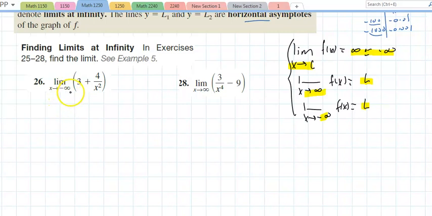Here, taking the limit as x approaches negative infinity, we just agreed any number over x will approach 0. So you're left with 3 plus 0, which is 3. That would be your horizontal asymptote.